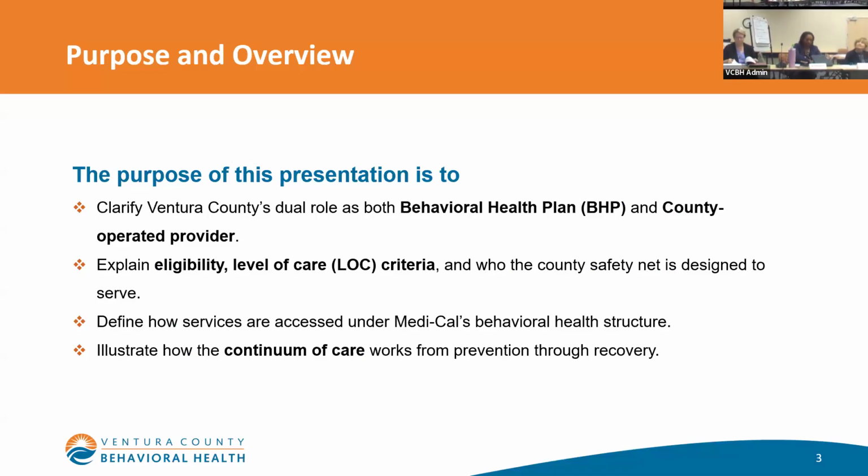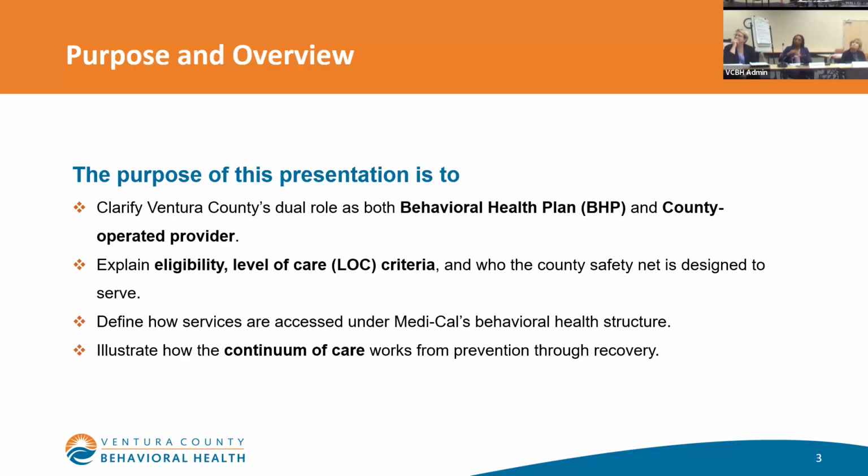We are a behavioral health plan, but we're also a county operated provider. We provide services, but also we're a health plan. We're a health plan that is state mandated. We have to comply with a mutual agreement on a service contract with the state.